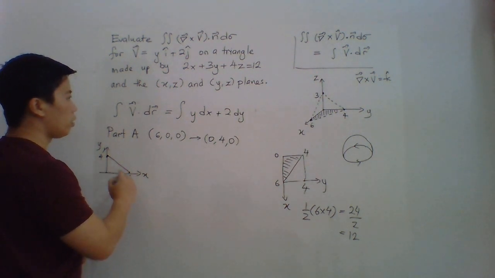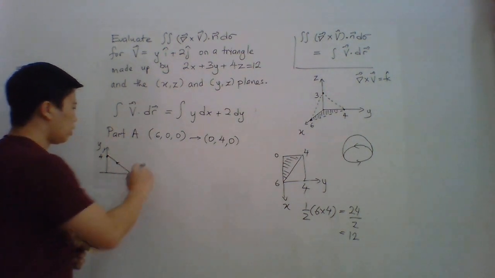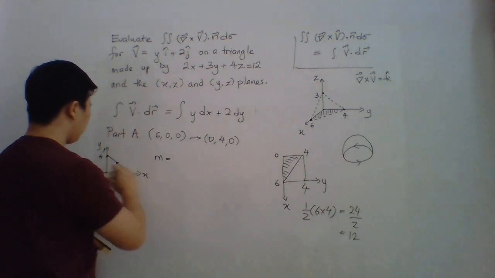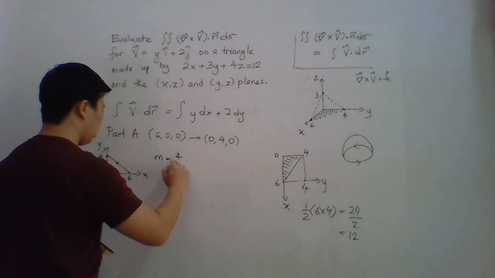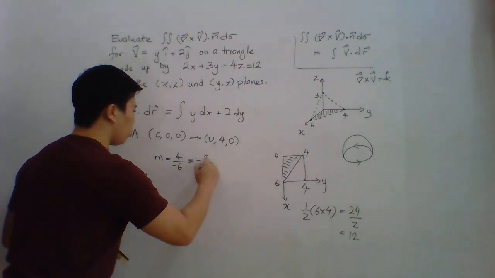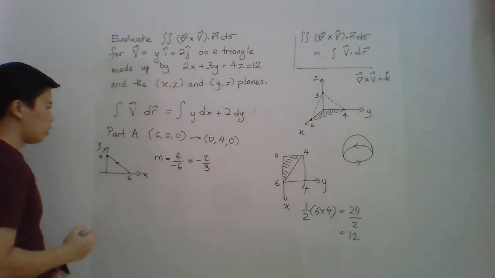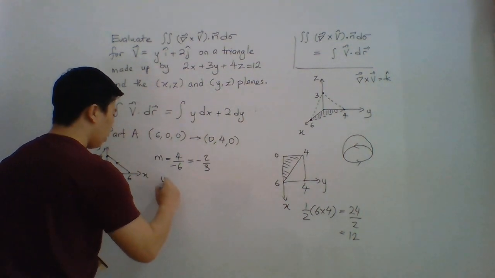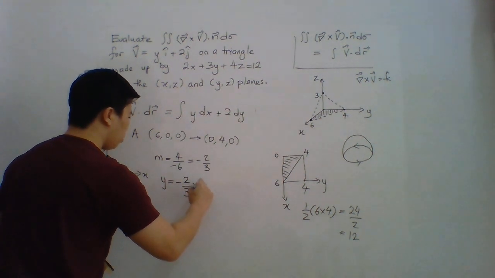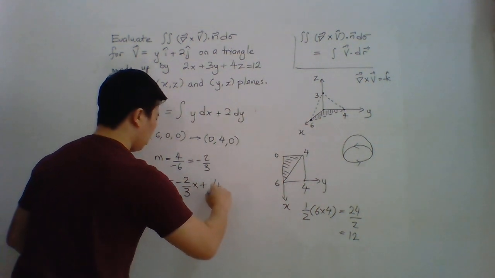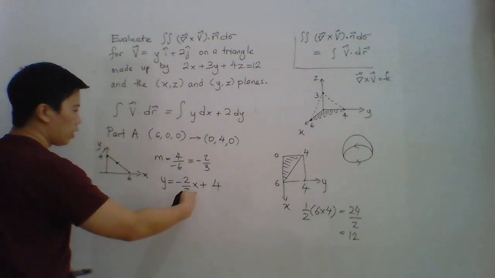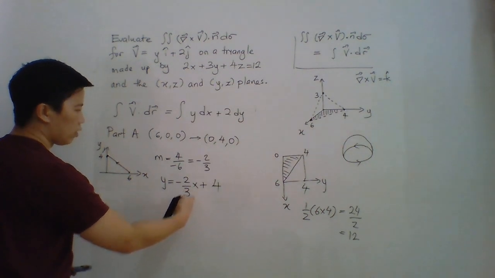So this is going to be on this way, right? So the slope of this line is going to be 4 divided by minus 6, and so this is going to be negative 2 over 3. So the line that represents this is going to be y equals minus 2 over 3x plus 4, right? So you want to be sure that this line is correct. So what you do, you put x equals 0, and this is y equals 4.